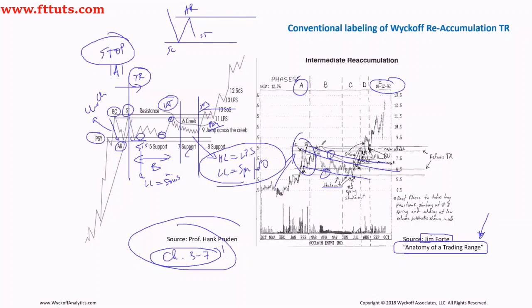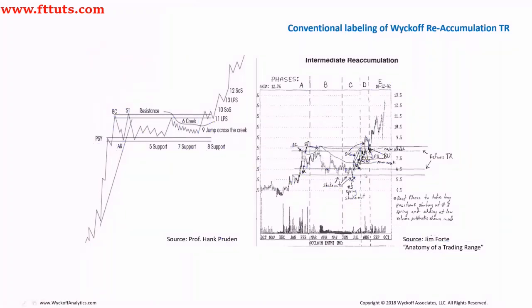Then phase B is going to be multiple tests at the support, at the resistance level. And then phase C is going to be your third test, and then the resumption after the sign of strength and the backing up action. I would actually identify a sign of strength a little bit higher because this looks climactic to me. Oh, he has two arrows here, so this is great. Okay, so yeah, really good studies by Jim.